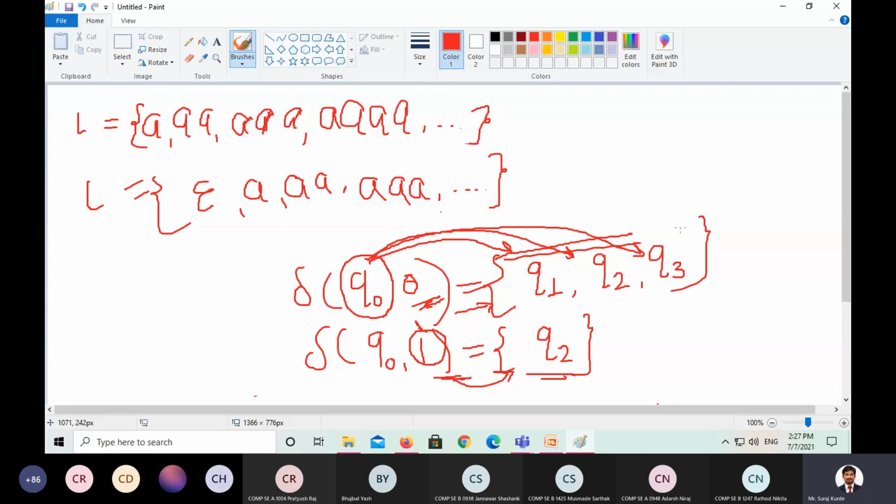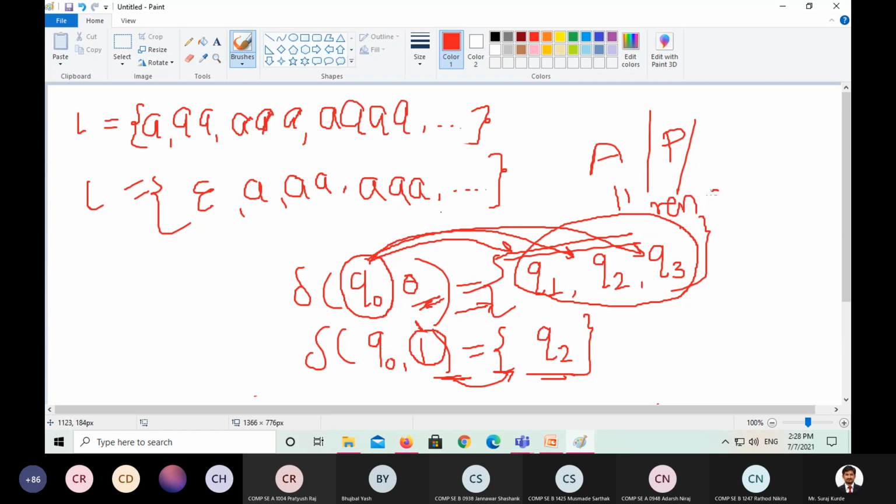But when we have to draw the transition diagram, which we have seen in the last lecture, we have to rename this, because it is not possible to remember all these state names. So I will just rename the combination Q1, Q2, Q3 as capital A, or capital P, so it will be easy to write.